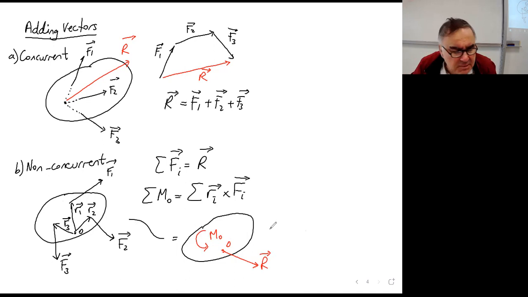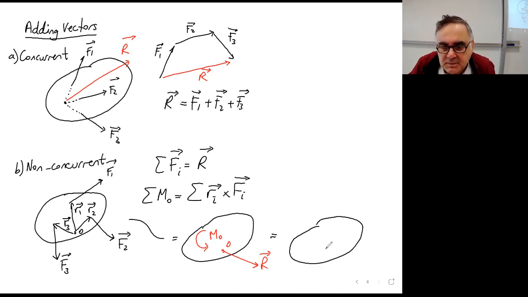Actually, this can be reduced to another diagram, as you may remember from statics. Say it is the same thing.